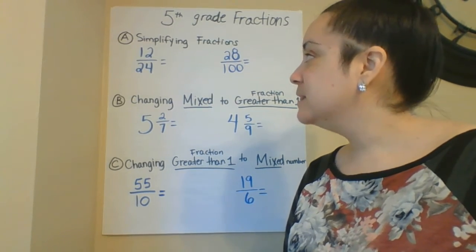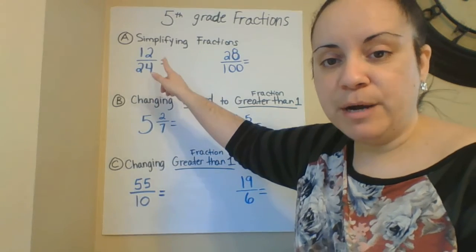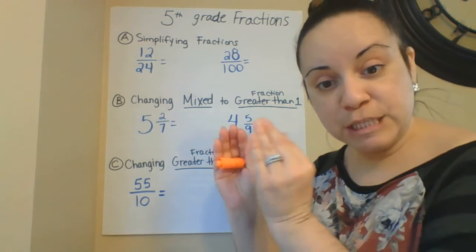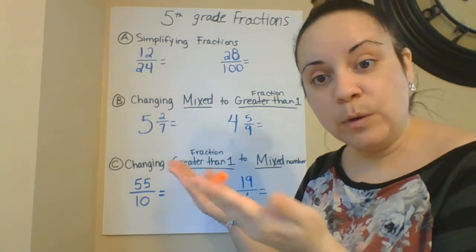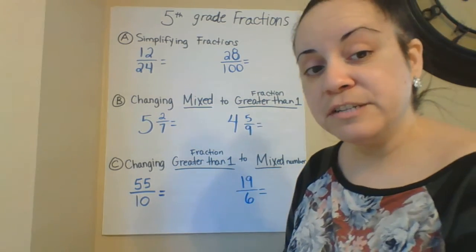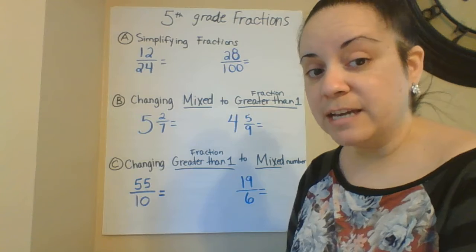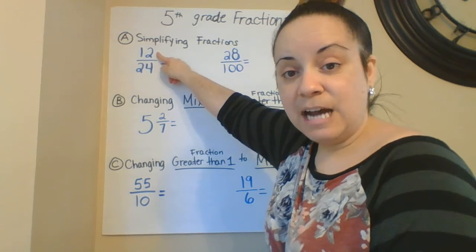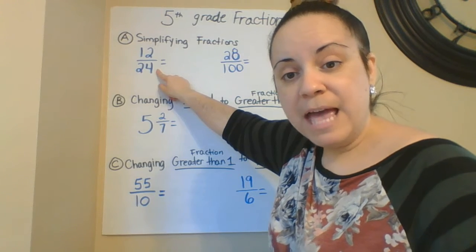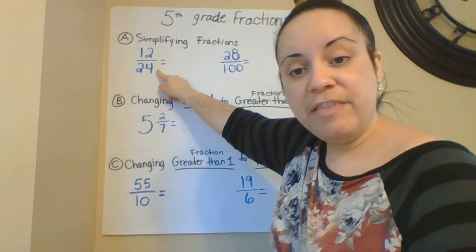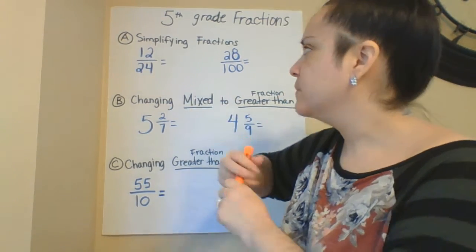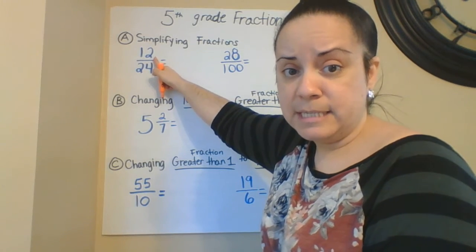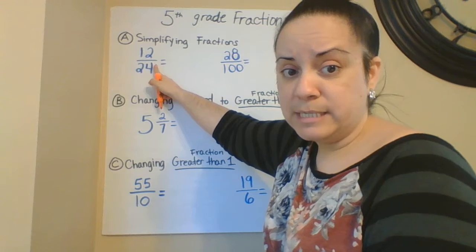All right, let's try the first part. Simplifying fractions, making them smaller yet equal. In order to do that, I have to think about what number I can divide into the top and the bottom and equal the same thing. Well, I know that I can divide 2 into the top and 2 into the bottom.